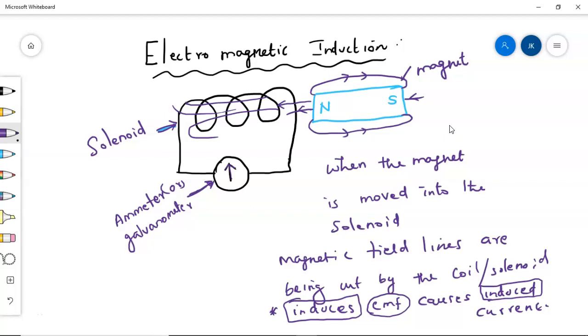As long as you move the magnet in and out, the magnetic field lines are being cut, or you can say the magnetic field lines are being changed by the coil or the solenoid, which induces EMF, and it causes induced current.